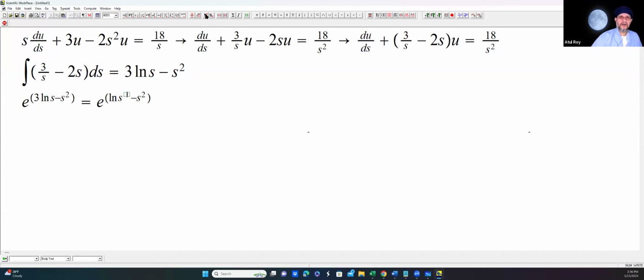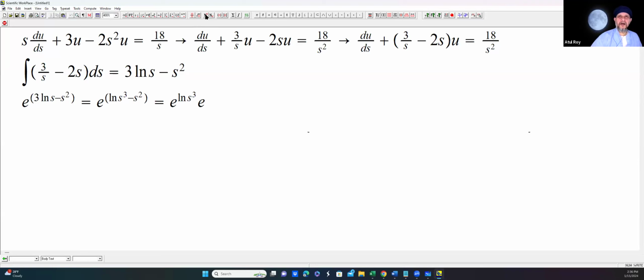This will be s cubed, and this is going to be e to the power negative s squared.